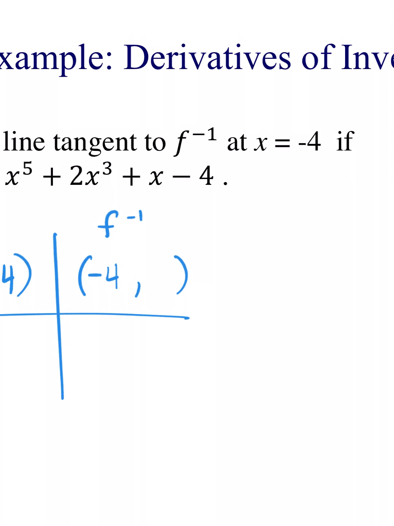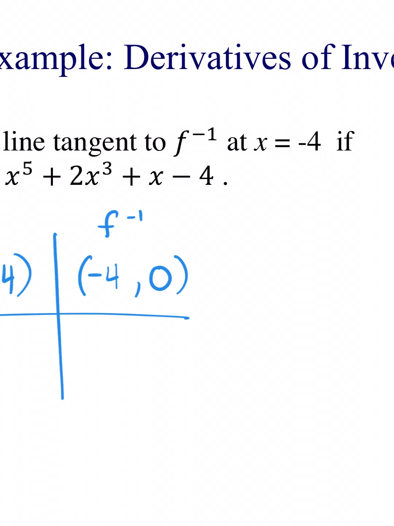So looking at the function, if this is equal to negative 4, what's the only possible value for x? 0. Correct. Which means 0 is also the y value of the other one.